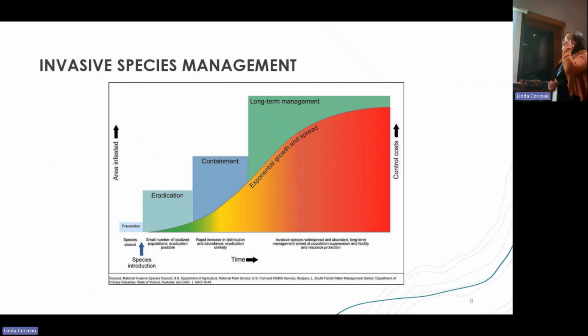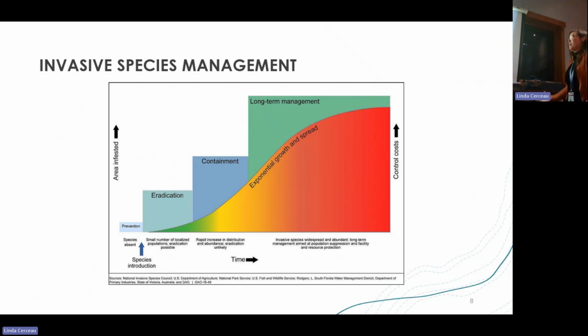With invasive species, generally when we find them, we're somewhere in the containment and long-term management area. A lot of times we're not in the eradication stage, where we're finding small localized populations, unless we're screening for it or actively looking for that.